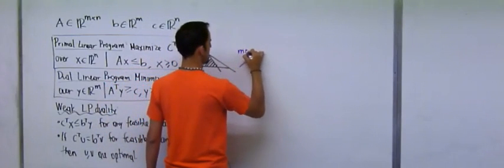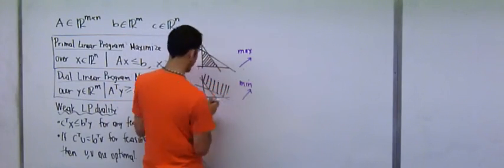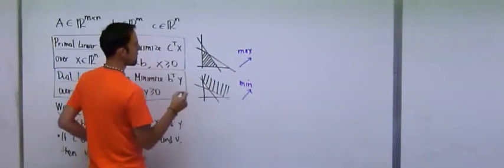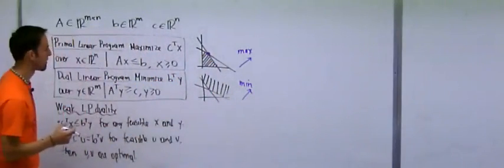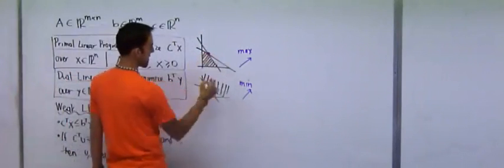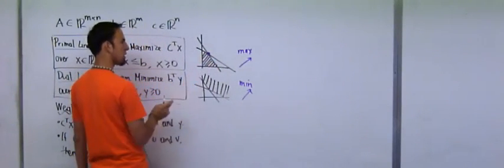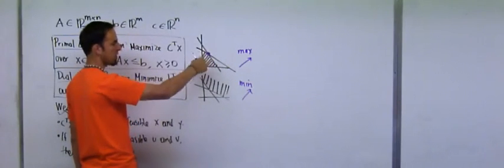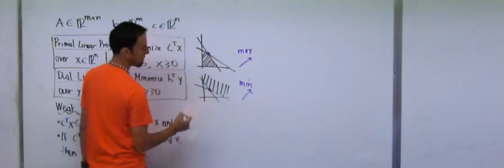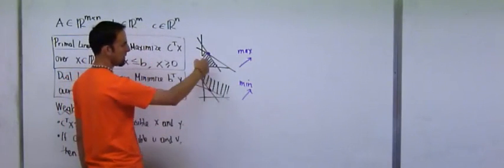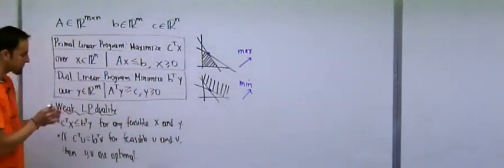So here we're maximizing in this direction, here we're minimizing in this direction. And so this was the optimal point. I asked you to check that as an exercise. This was the maximum point for this linear program, the highest point according to this linear functional in the polytope. And the lowest point in this direction is this one. These areas are called the feasible regions. These are the feasible x, and these are the feasible y.